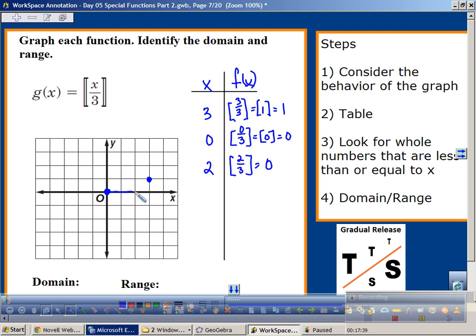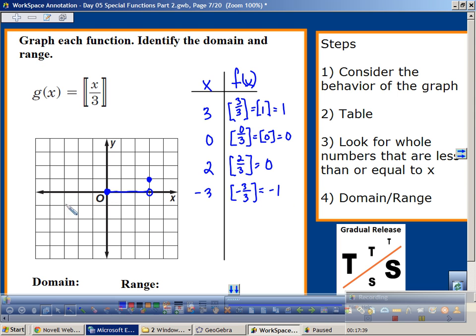So isn't this going along like this until I get here? So what happened to my step function? Let's put in negative 3. What happens? What happens if I put in negative 3? What do I get? Negative 1.